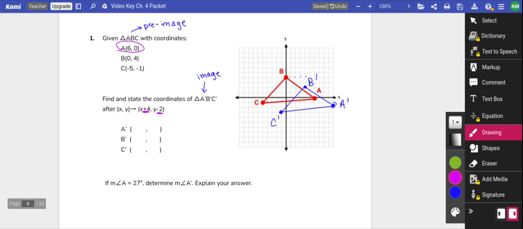So in this case, A prime, A was already at 6, 0, so to add 4 to my x would be at 10, and subtract 2 from my y, negative 2, and it just happens to coincide on my graph with that same point. Same thing with B. If I added 4 and then subtracted 2, I end up at 4, 2, which is precisely where I ended up when I graphed my figure. And the same with point C.